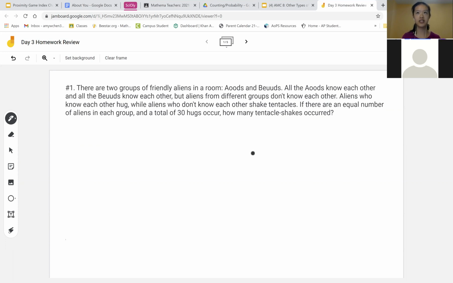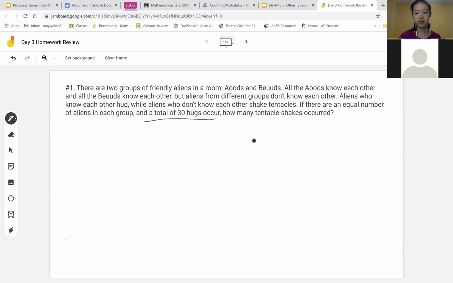I think you're right in saying that there's 6 aliens in each group, but I don't know if you calculated the handshakes correctly. So let me just walk through the problem. There are 2 groups of aliens, the A's and the B's. All the A's know each other, all the B's know each other. The aliens from different groups don't know each other. So remember our handshake formula, or in this case, it's going to be hugs. It says a total of 30 hugs occur.